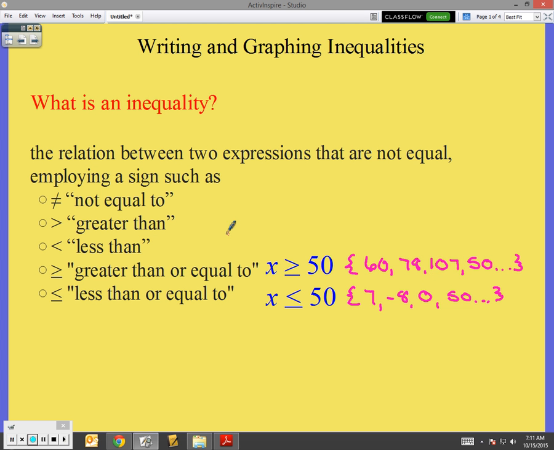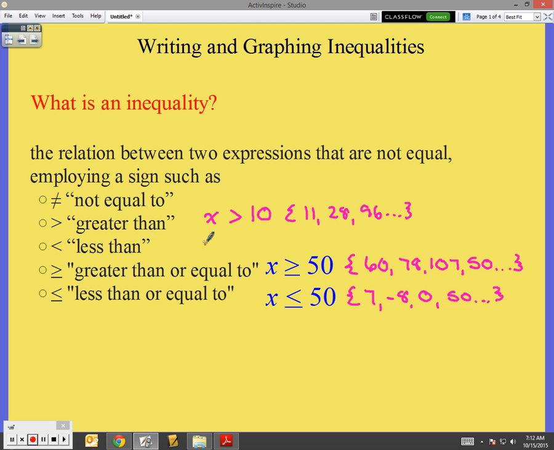So for instance, for something like this, I would say, hey, x is greater than 10. I could put a bunch of answers that are all larger than 10, like 11, 28, 96. But could I put in 10? Is 10 greater than 10? No, it's not. So I wouldn't have 10 in this solution set.